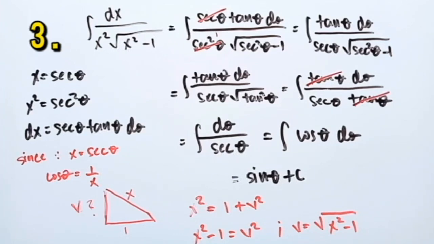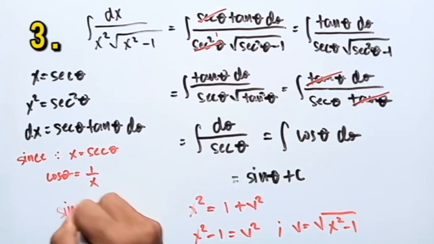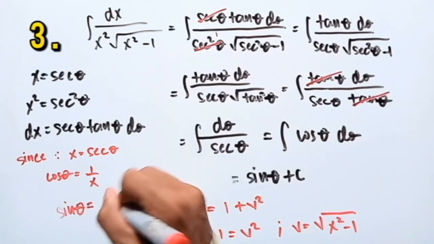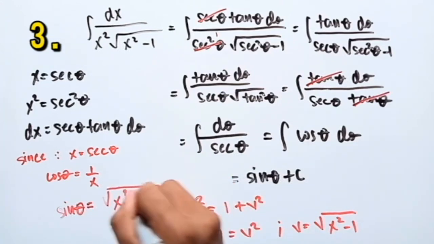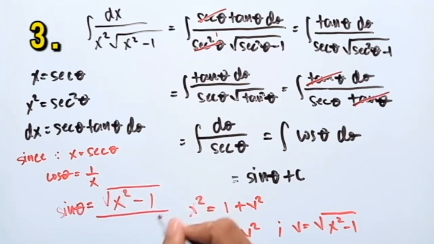So now let's get the value of sine theta. Sine theta is equal to opposite over hypotenuse. Our opposite side is v, which is the square root of x squared minus 1, over the hypotenuse, which is x.